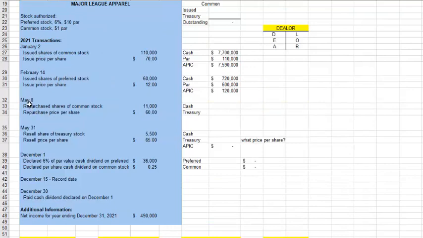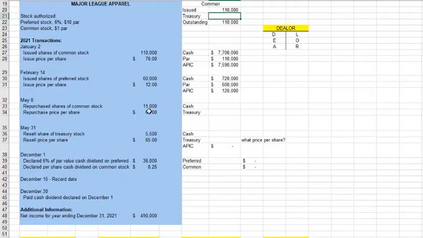We are now going to, in May, repurchase shares of our common stock. Let's go ahead and calculate what our treasury stock will be, and then we need to calculate our outstanding stock as well. We have issued common stock at this point of 110,000 shares. Now we're going to be recording treasury stock.